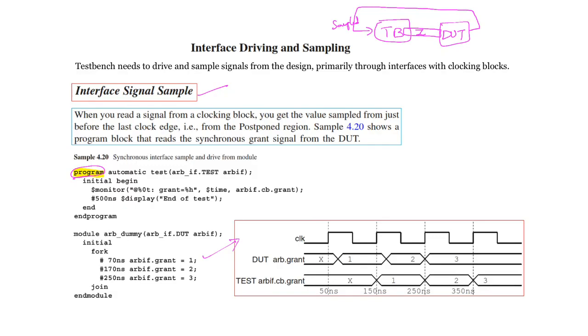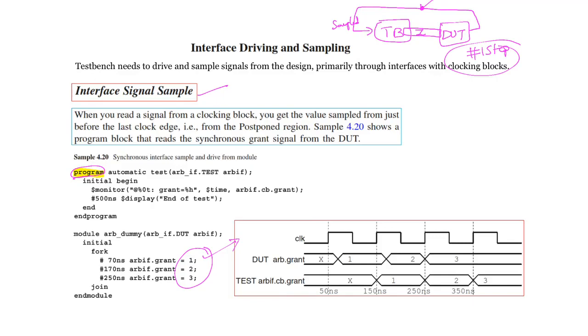So even if you give some values for the signal between DUT and TB, the output of DUT will not appear at the test bench input at that instant. It will take some amount of time, which we call hash one step. That hash one step is at most one clock cycle in duration.